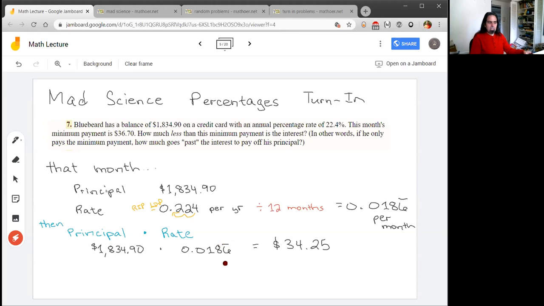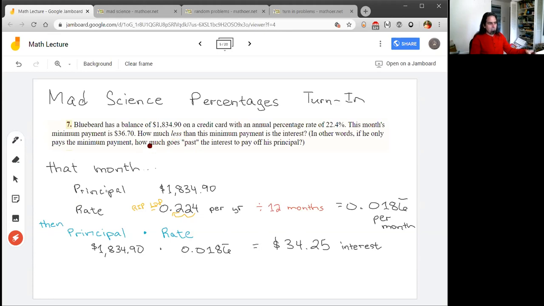So put lots of 6s in the calculator as you're typing it. So that's his interest. If you're off by a few cents in real life, it's not going to really matter, but put in the 6s, good habit.